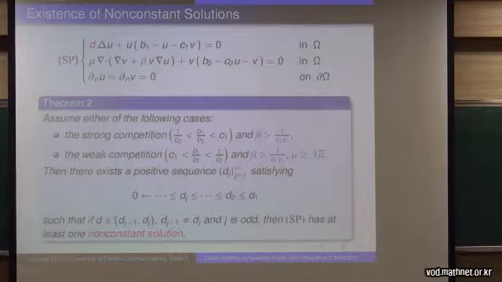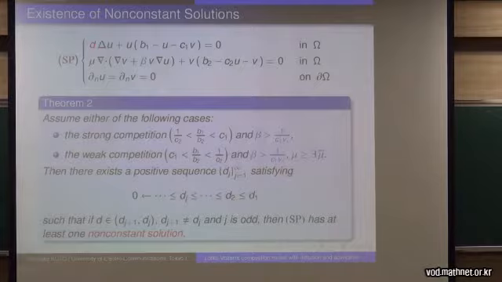Roughly speaking, SP has a positive constant solution, and beta is larger than this number, especially in the case of weak competition. Moreover, mu is large. In such a situation, you can find infinitely many intervals of the diffusion D such that SP has at least one non-constant solution.